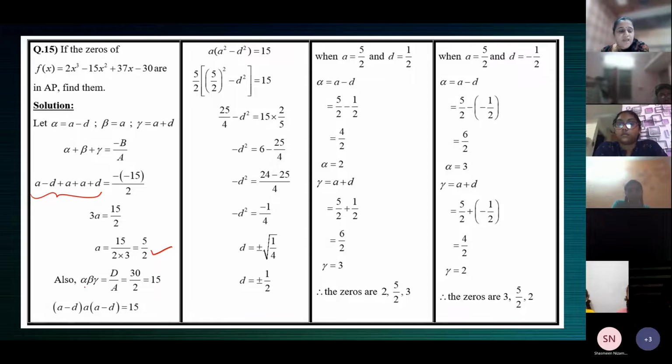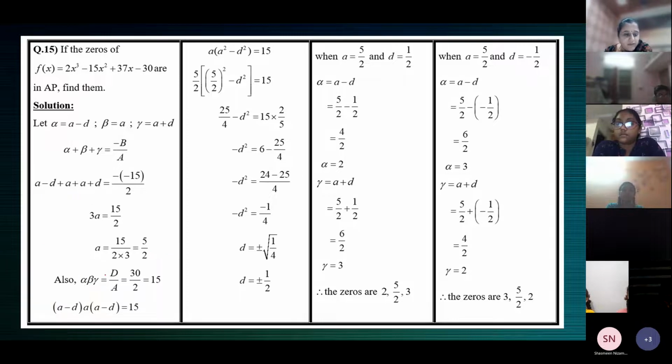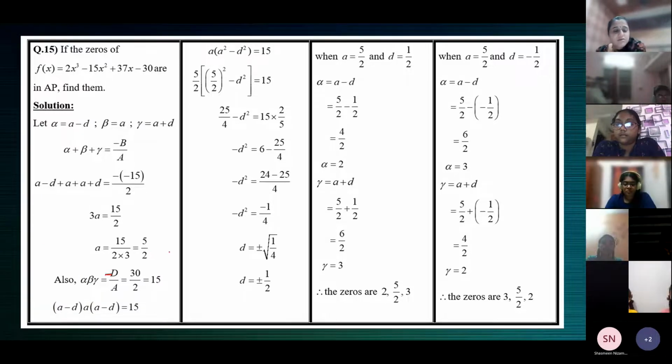Now the next condition, alpha, beta, gamma is equal to minus d by a. Sorry, made a mistake while typing, children. It's minus d by a. Okay, so it's minus 30 by 2, which is 15.